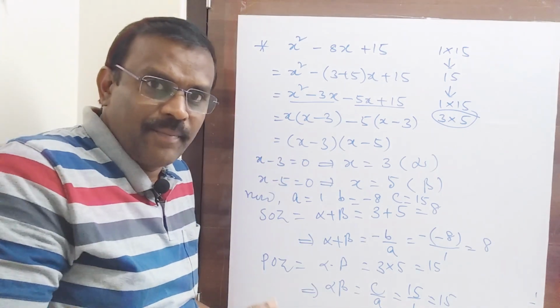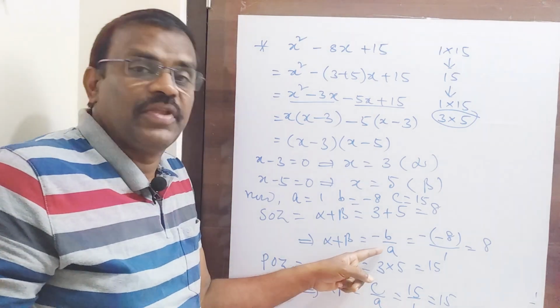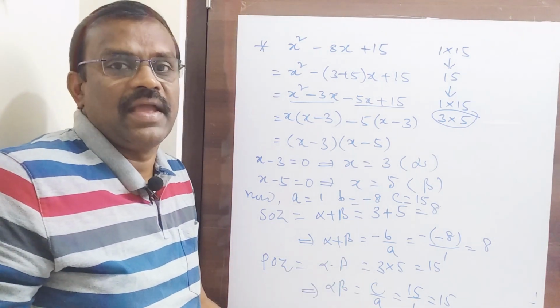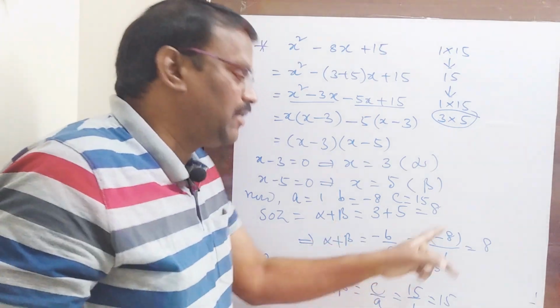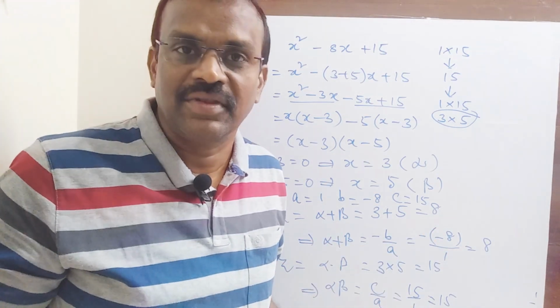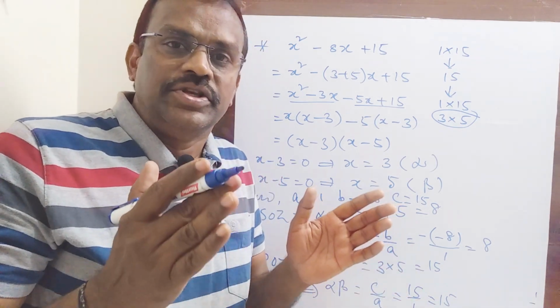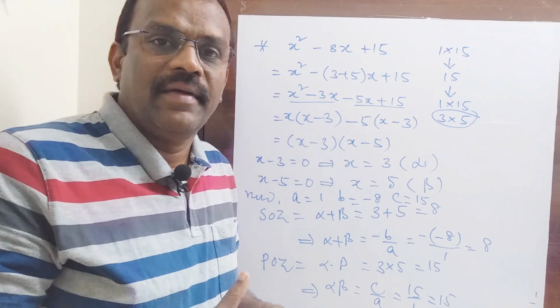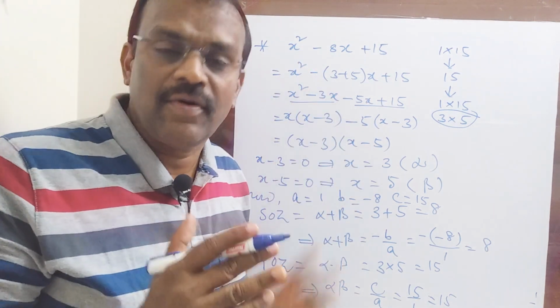So why do we compare? To know the importance of minus b by a and c by a. By the formula method and the manual method we are getting the same values. That is a comparison of zeros of a quadratic polynomial and coefficients of the terms of the given quadratic polynomial.